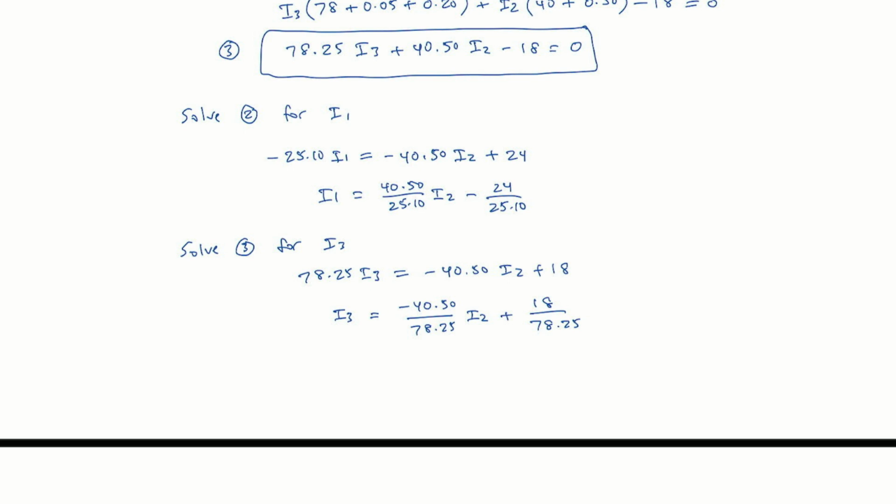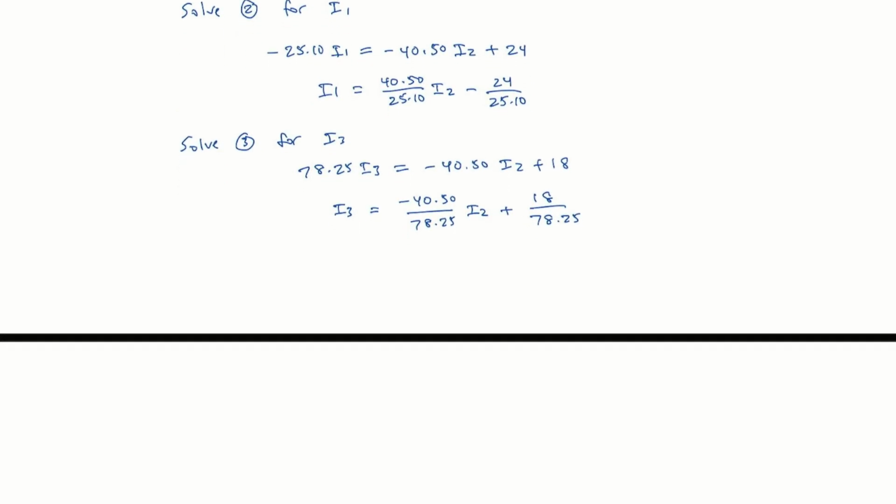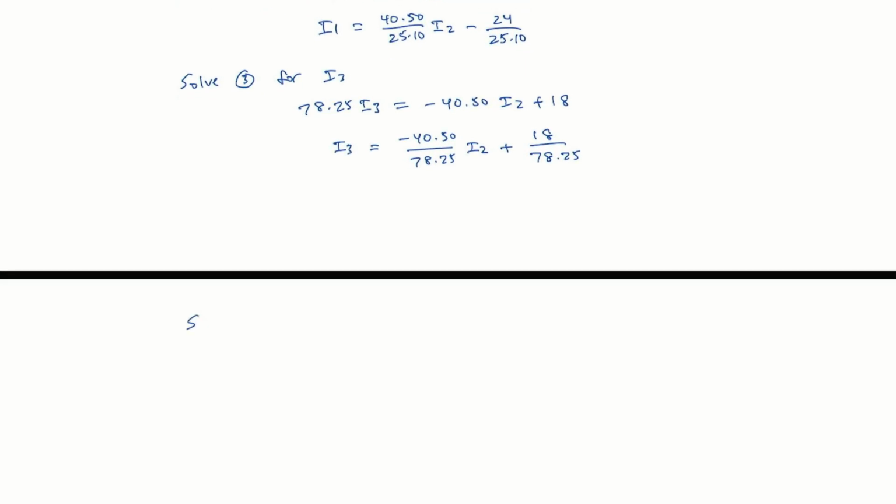Now we'll use the junction rule. So we will substitute into I3 is equal to I1 plus I2. So I3 is minus 40.50 over 78.25 I2 plus 18 over 78.25.